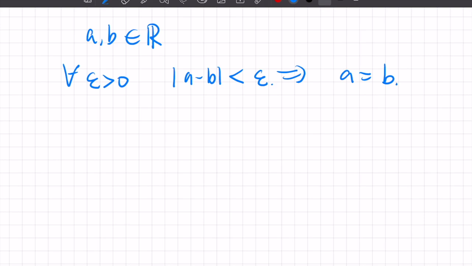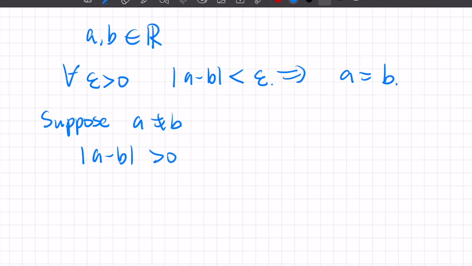Okay, so let's prove this. We prove this by contradiction. Suppose a is not b. Then there should be a contradiction. This means |a minus b|, its modulus, is a positive real number.